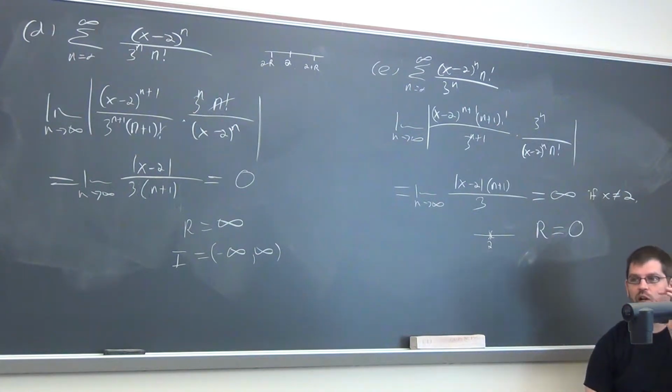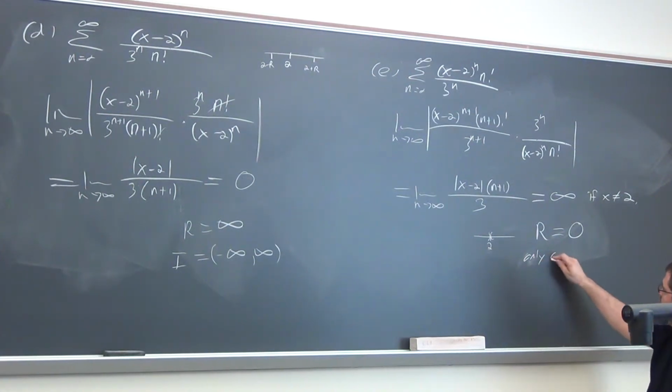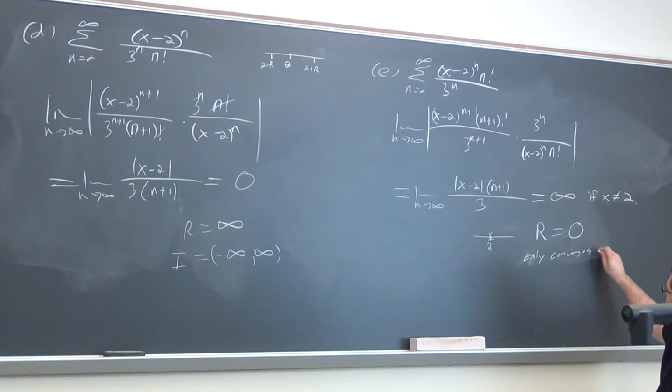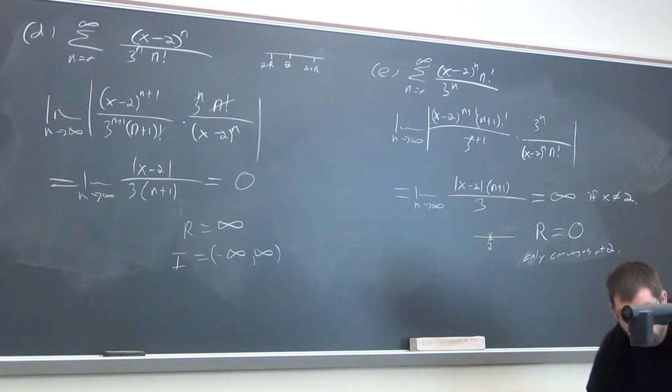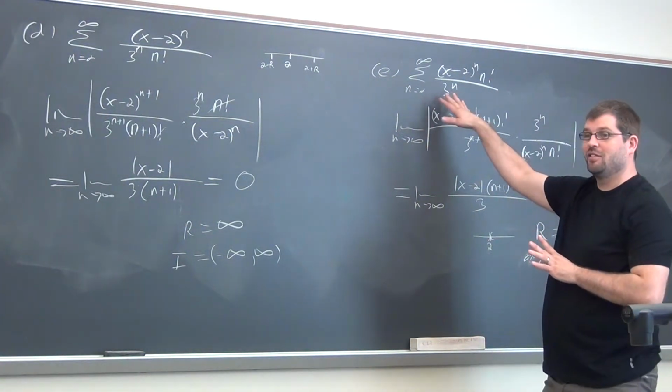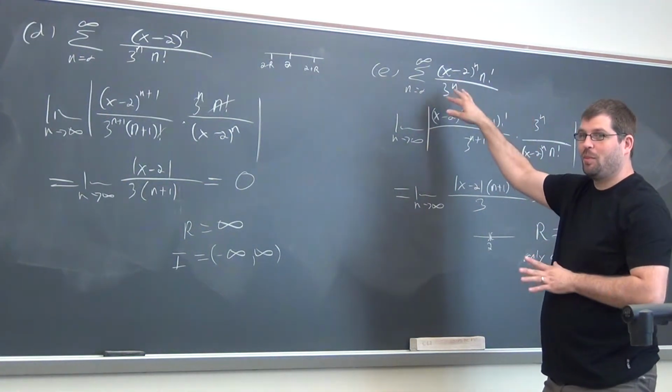If the radius is 0, it only converges at 2. And I'll just say, this is a stupid power series, right?